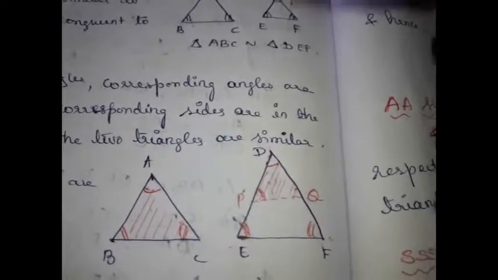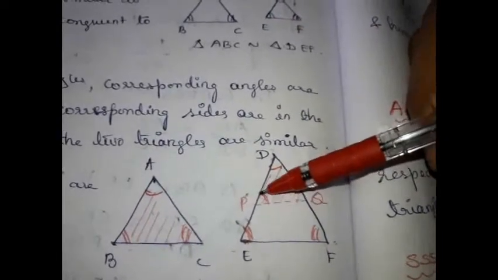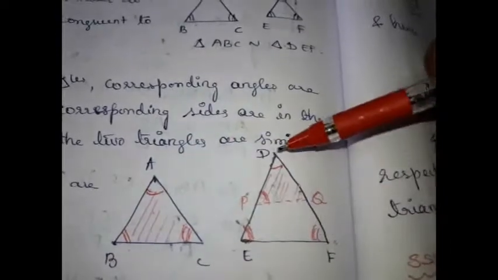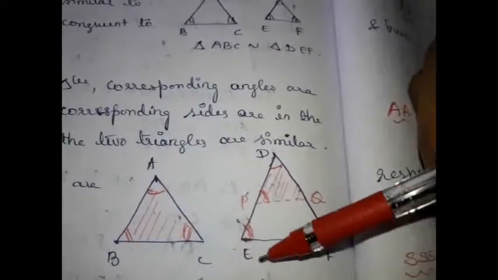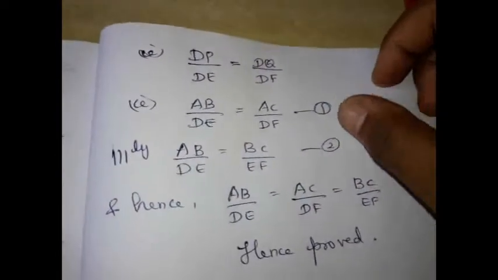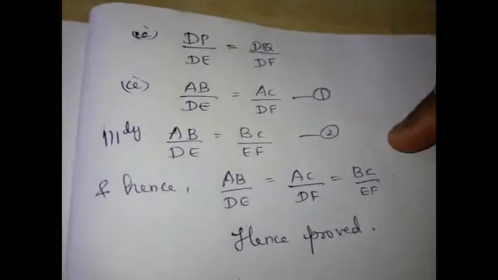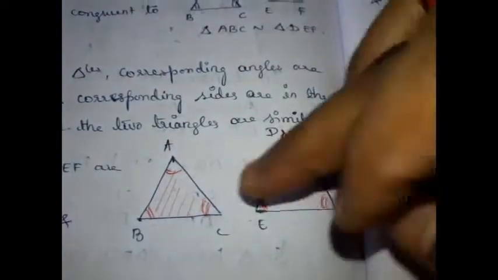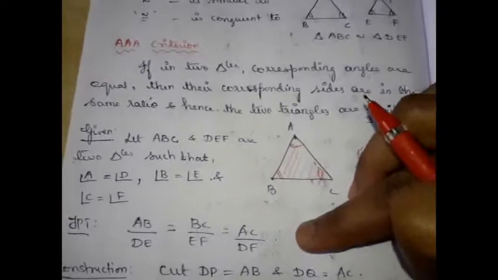Similarly, by drawing a line like this, we can prove that AB by DE equals BC by EF. So from 1 and 2, we infer all three sides are in proportion, that is, AB by DE equals AC by DF equals BC by EF. That's what we needed to prove.